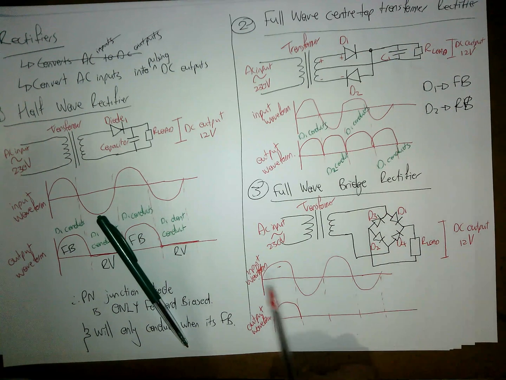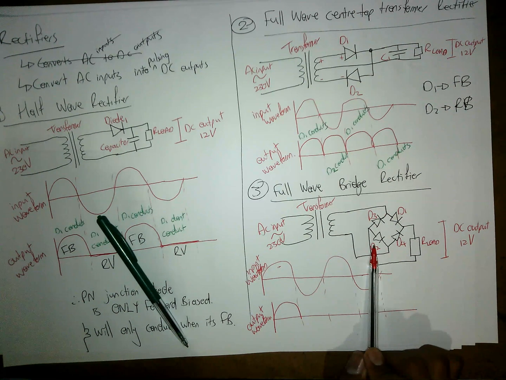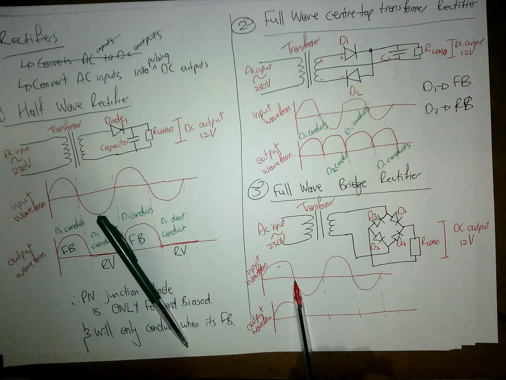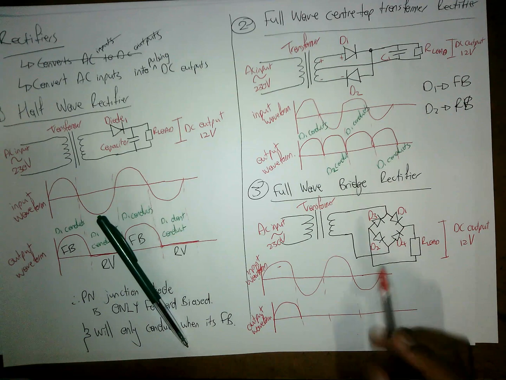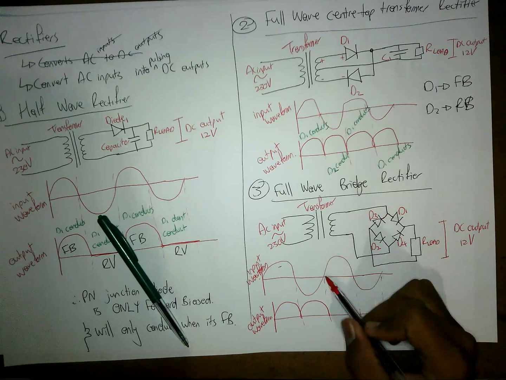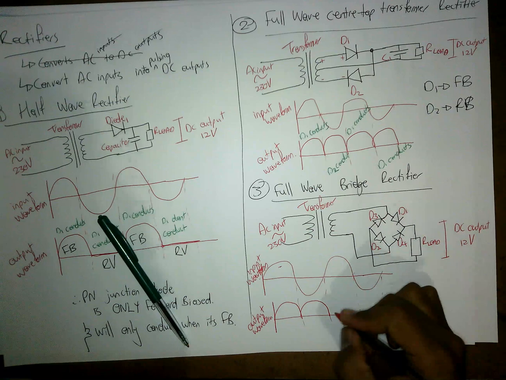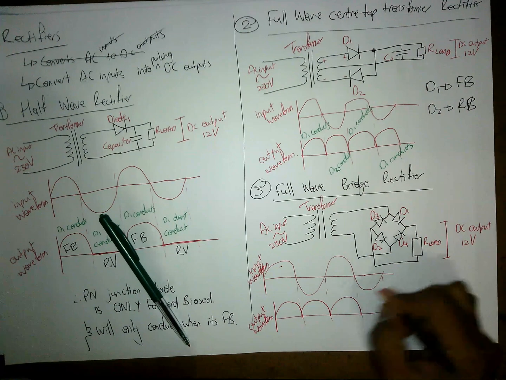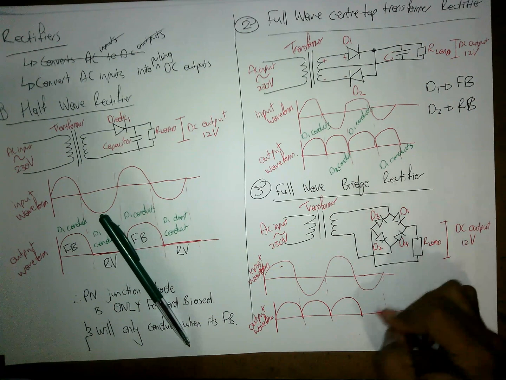So when the wave is in a positive cycle, D1 and D2 will conduct. When we are in a negative cycle, D3 and D4 will conduct. When we're positive again, D1 and D2 will conduct. When we're in the negative, D3 and D4 will conduct.